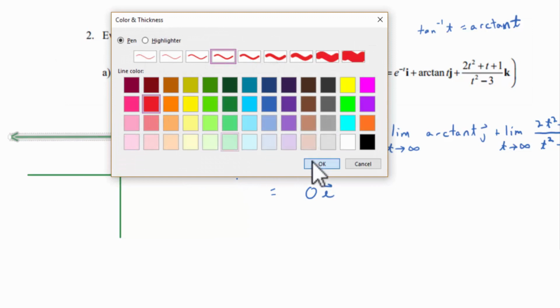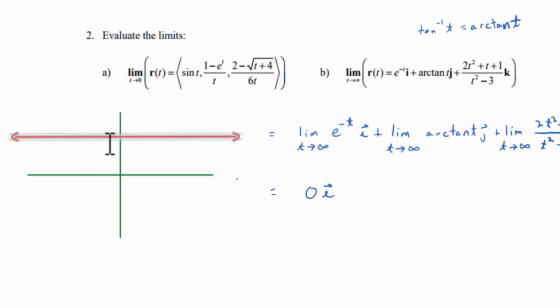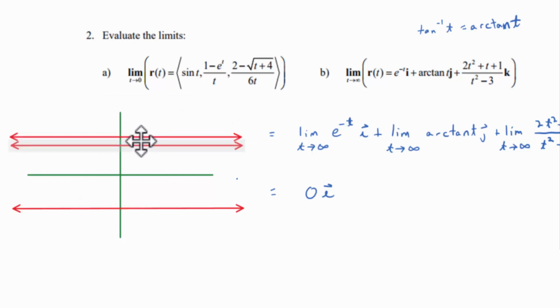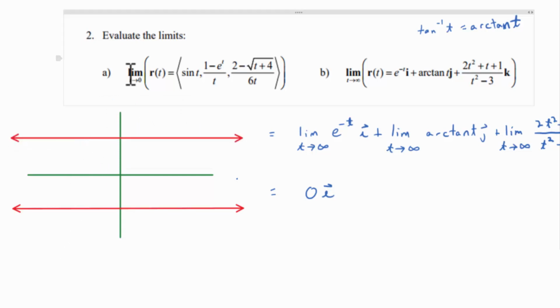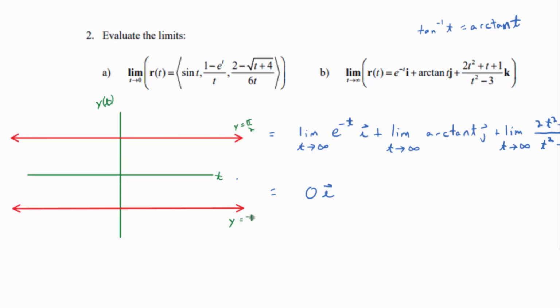We'll put them in red, I guess. So if this is the t-axis, I suppose this would be the y of t-axis. And so this would be y equals pi over 2, right? This asymptote would be y equals negative pi over 2.